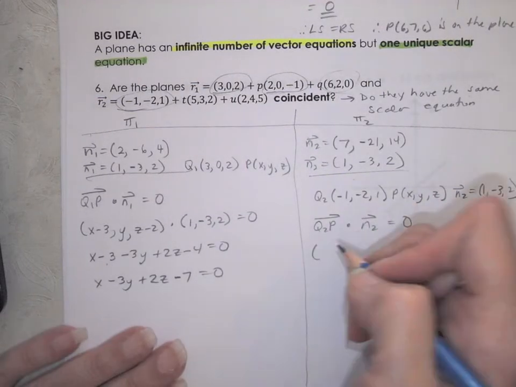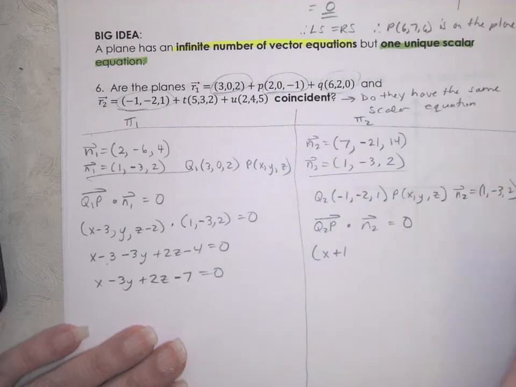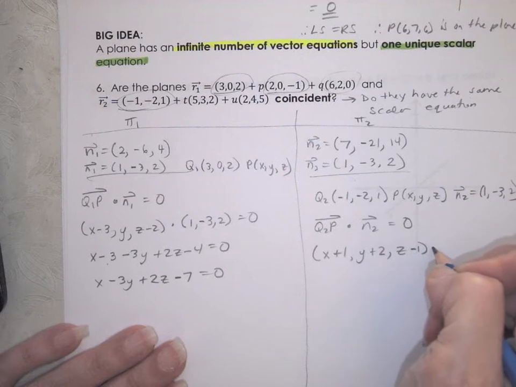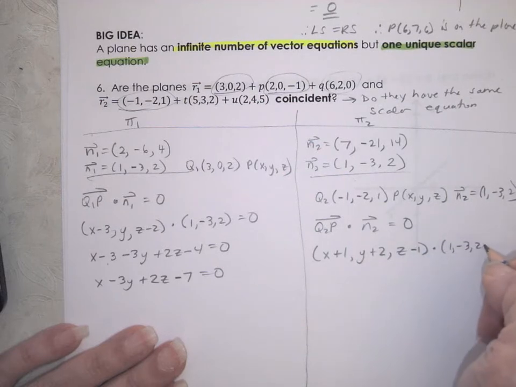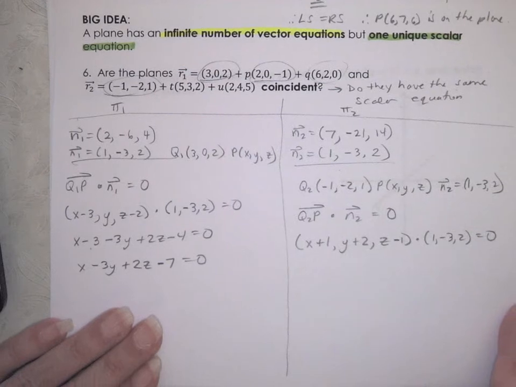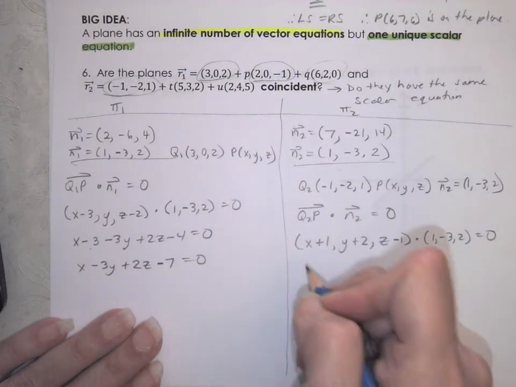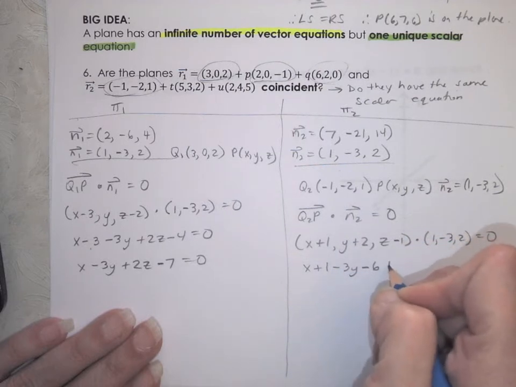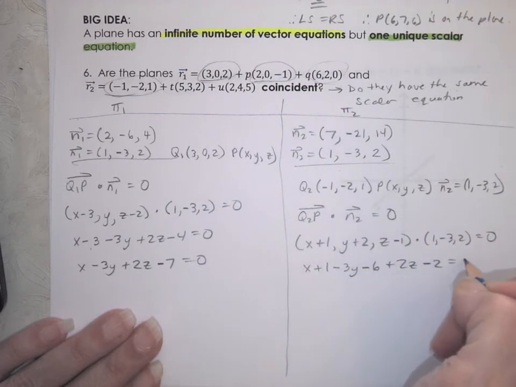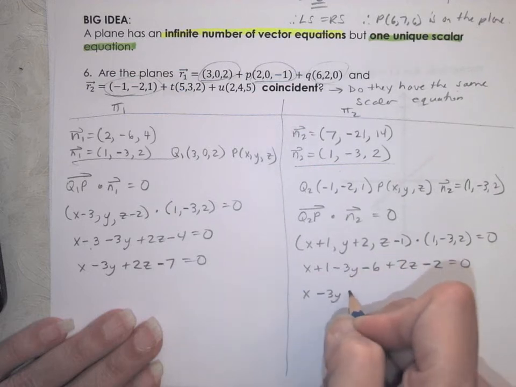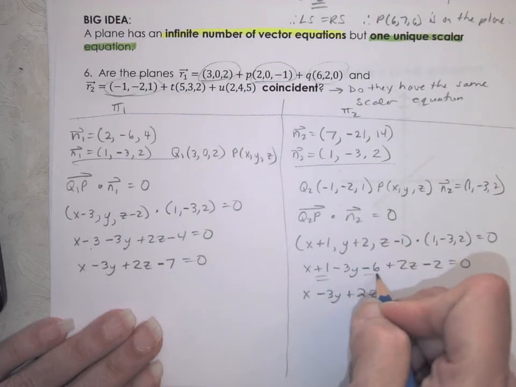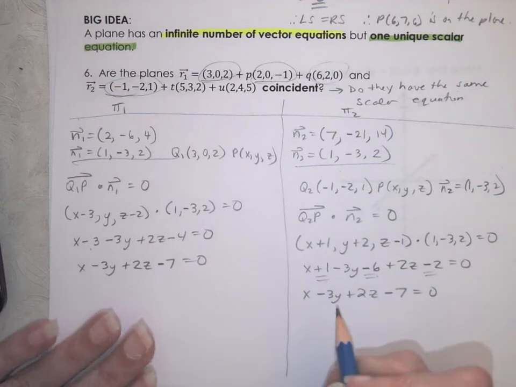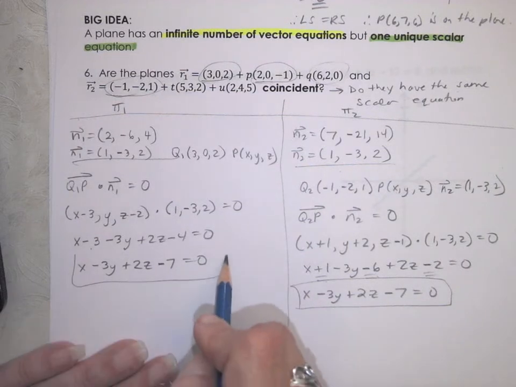So Q2P is going to be x plus 1, because it's x minus -1, y plus 2, z minus 1, dotted with 1, -3, 2, equals 0. So x plus 1 minus 3y minus 6 plus 2z minus 2 equals 0, collect the constants. So that's going to be -5 minus 2 is -7. And look, they are in fact the same plane.